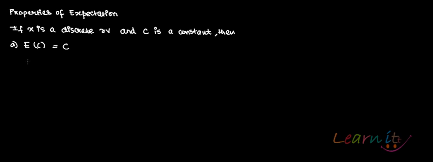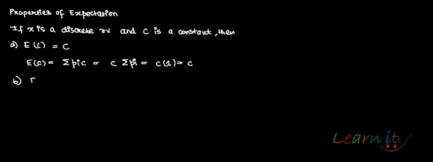Well, you know this, that E of c is given by summation of pi c. c is a constant, it will come out. Summation of pi c into 1, which will be equal to c.